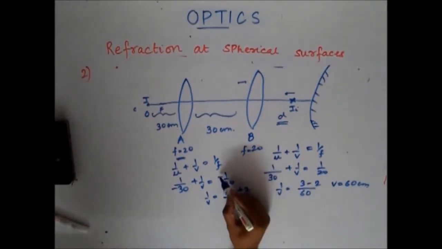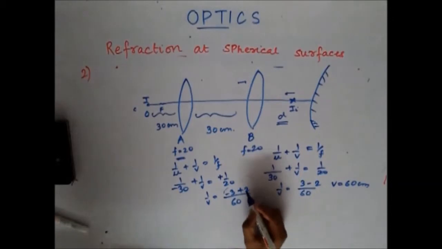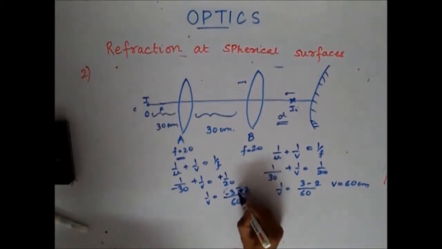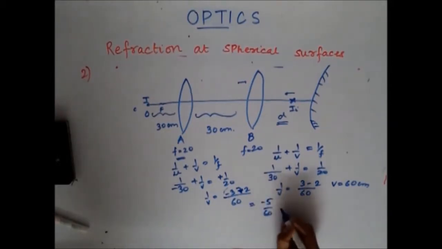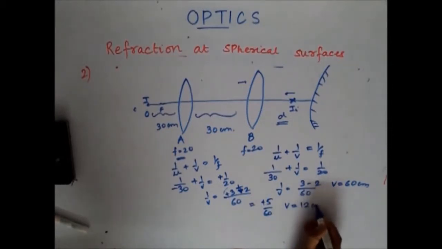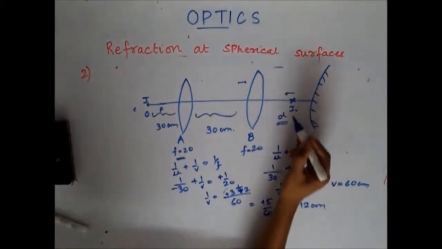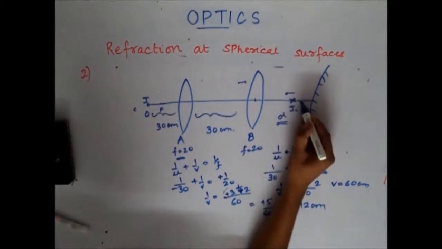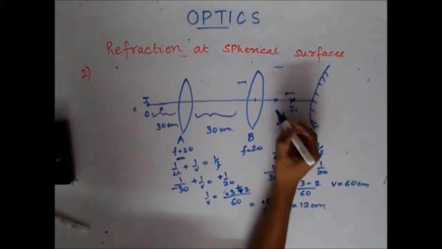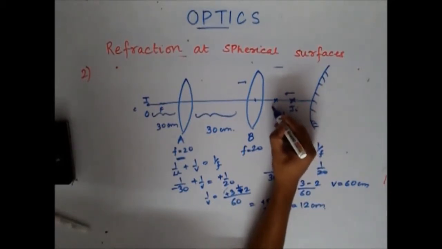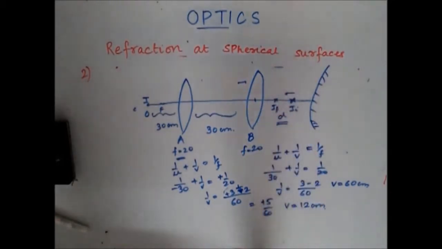The focal length in this case is positive actually, because it's a convex lens. So this becomes minus 3 minus 2 divided by 60, that is minus 5 by 60, or v is, sorry, this is positive, so v is 12 centimeter. So this convex lens forms an image 12 centimeter from the second convex lens. So this is the position of the final image formed by this lens.